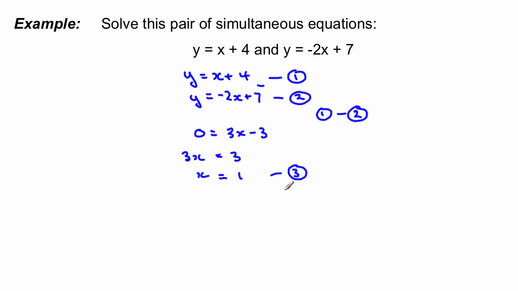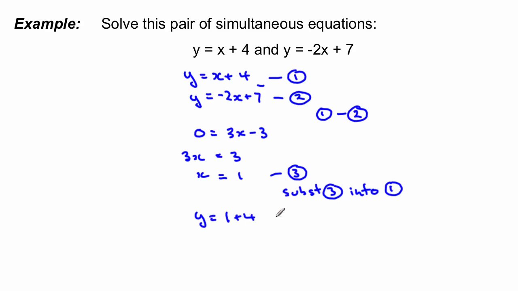And we're going to substitute 3, this value of x, into one of the other equations. And so we'll put it into number 1 because it just looks easier. So wherever we see an x, we're going to replace it with 1. So we have y equal to 1 plus 4.